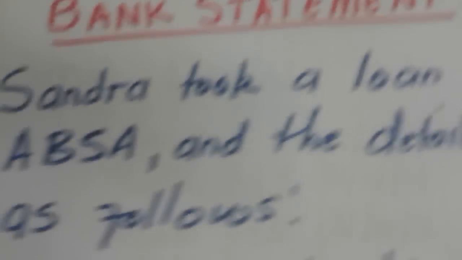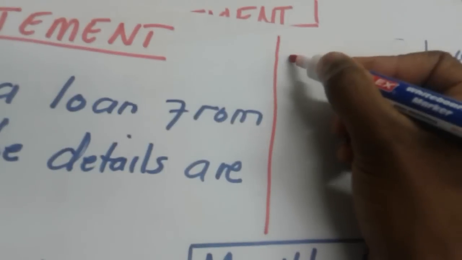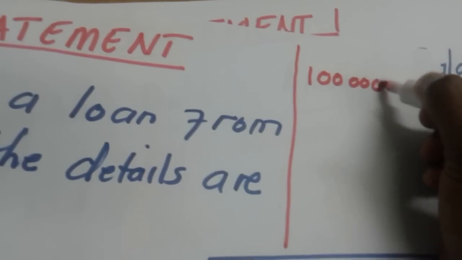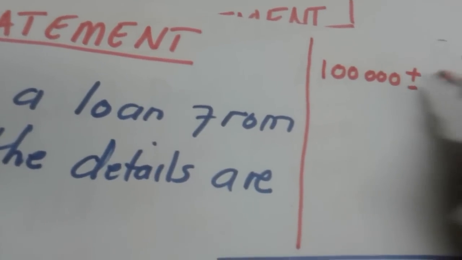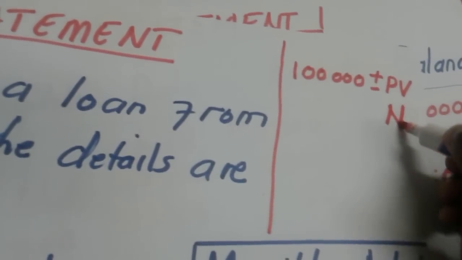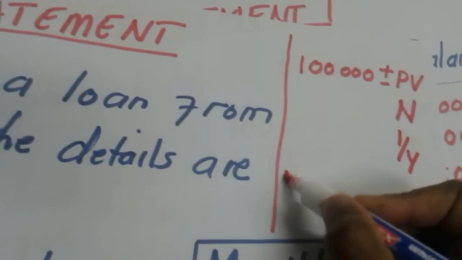Okay, so quickly let's read. The loan is 400,000, so definitely your 100,000 becomes your plus minus present value. Then of course we've got your N, then the I, then the PMT.